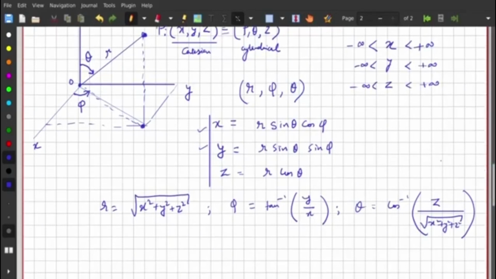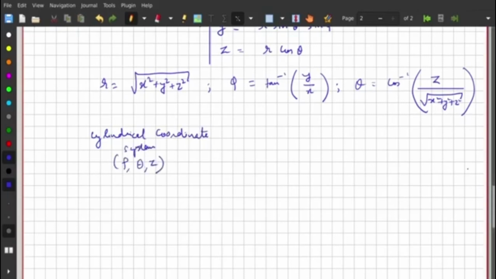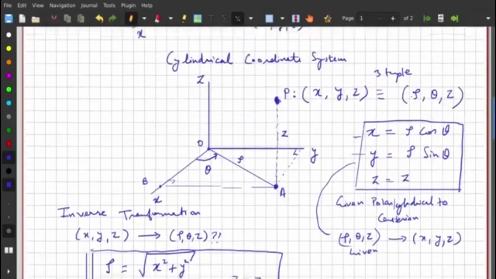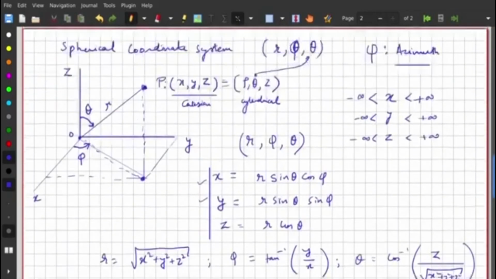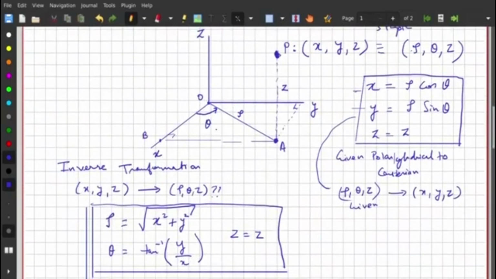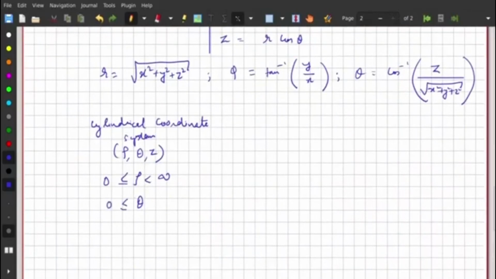For the cylindrical coordinate system, it's given by rho, theta and z, and rho goes from 0 to infinity, theta is the azimuth, and that goes from 0 to 2 pi.